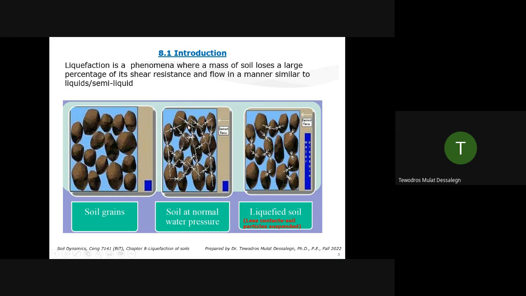And when they try to densify, the water doesn't get enough time to go out through the pores. So what happens is you develop high water pressure. If you have high water pressure within the pores, see what happened to some of those contacts. The soil particles are suspended, right? So some contacts are lost.